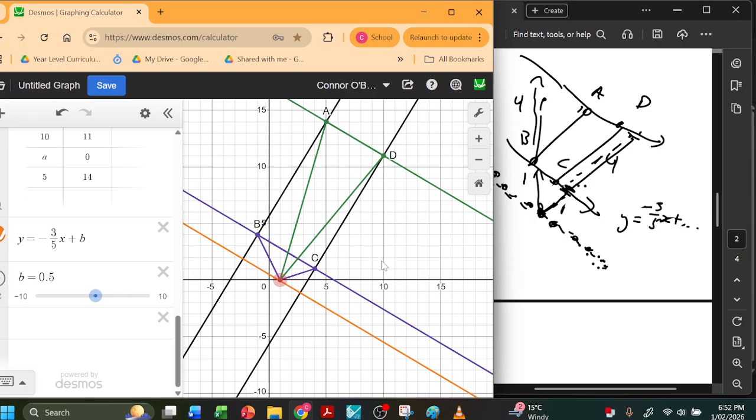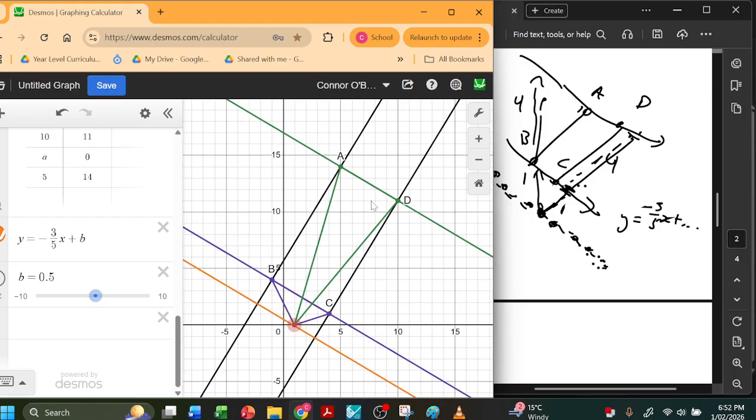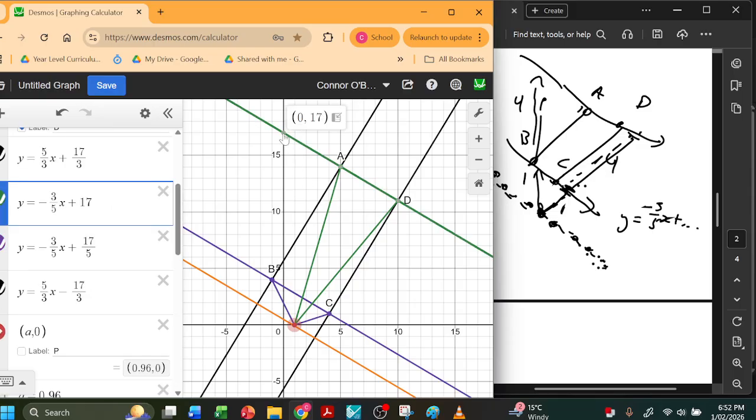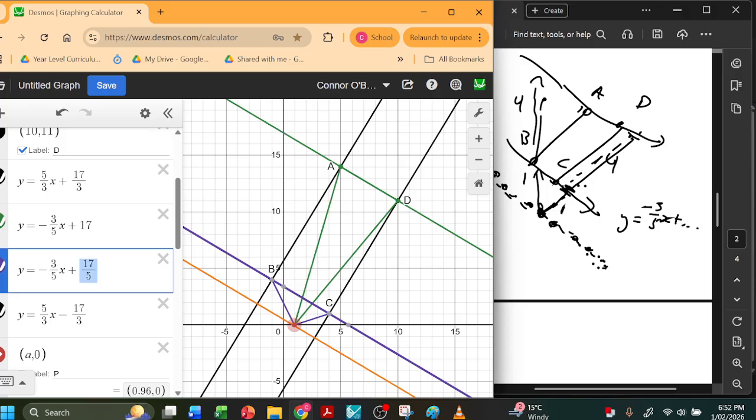Okay. Now, the beauty of this setup is that we know something about the ratio of the green line to the purple line. We know what their y-intercepts are. So we can see here the y-intercept of the green line is 17, the y-intercept of the purple line is 3.4, which is 17/5, because these are both written in gradient intercept form.